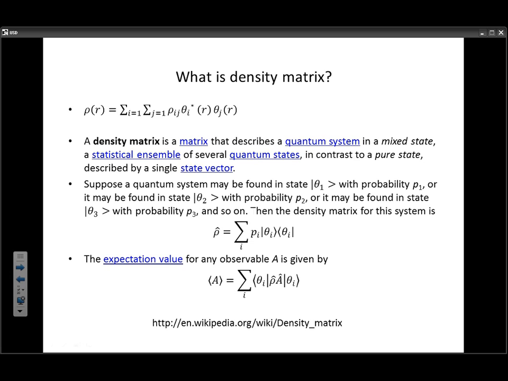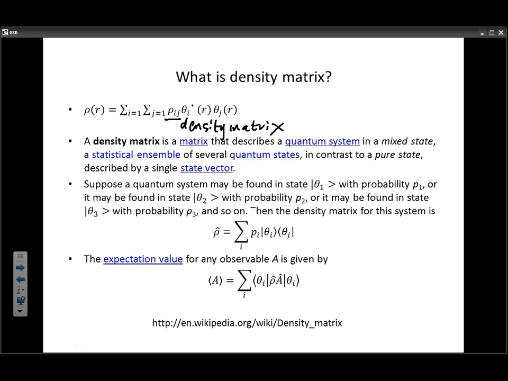So we can artificially perturb the Fermi weight in order to approximately treat excited states. And the density can also be written in such a form. So ρ is the density matrix.